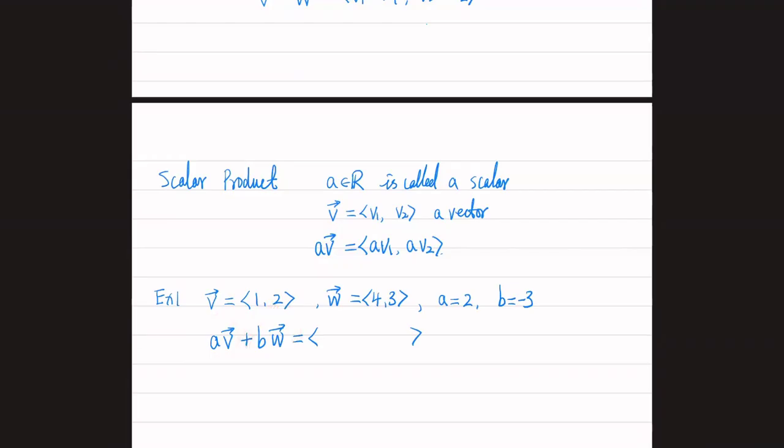Enter your answer in the chat. Scalar product A times V, B times W.